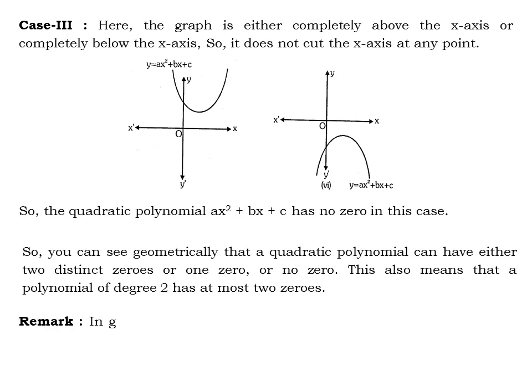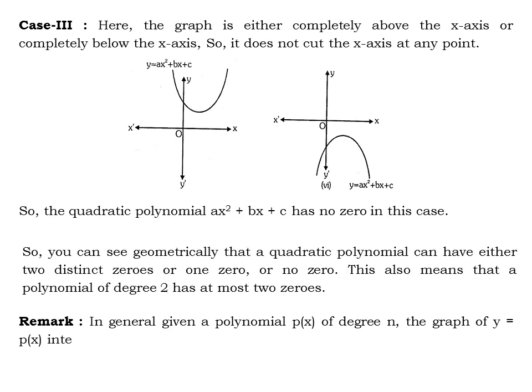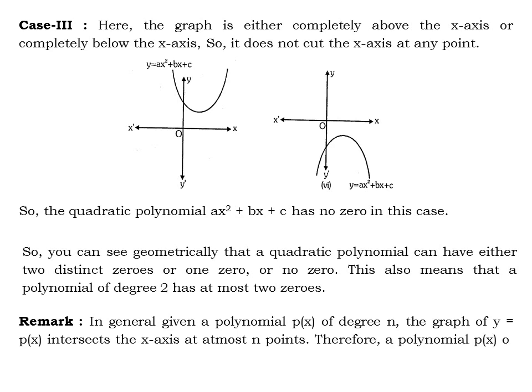One remark here: in general, given a polynomial p of x of degree n, the graph of y equals p of x intersects the x-axis at most n points. Therefore a polynomial p of x of degree n has at most n zeros.